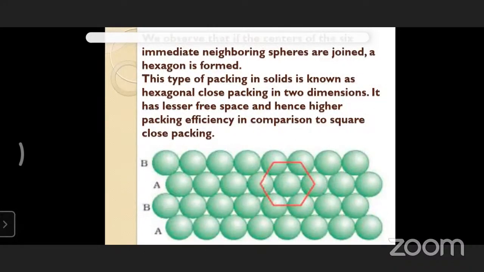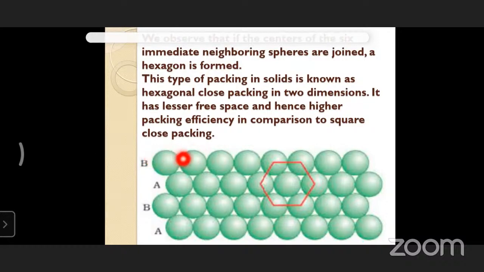Okay, fine. So what he said, this is also a two-dimensional way. Initially, what we have seen is an A type row. In the previous square close packing, this is also A type. But in hexagonal, we have observed that it is a B type.